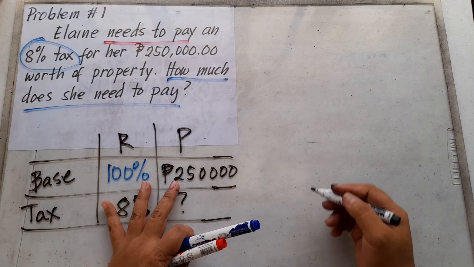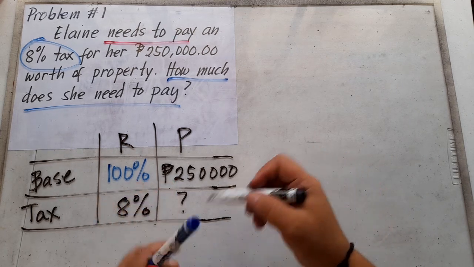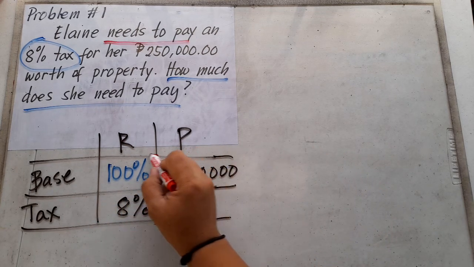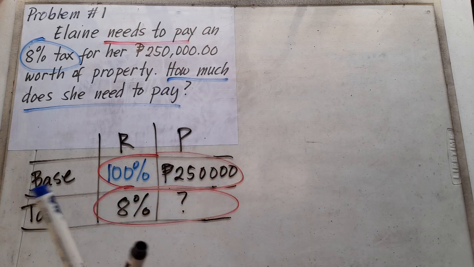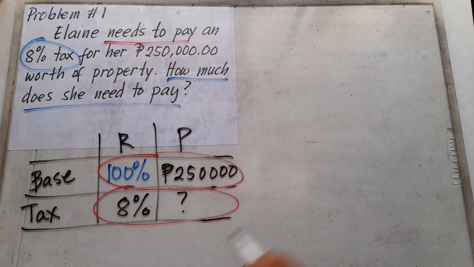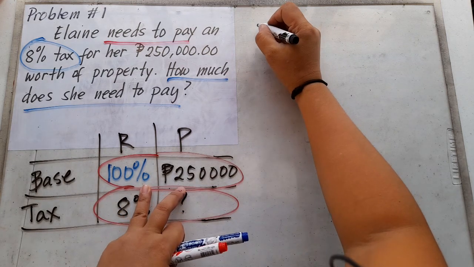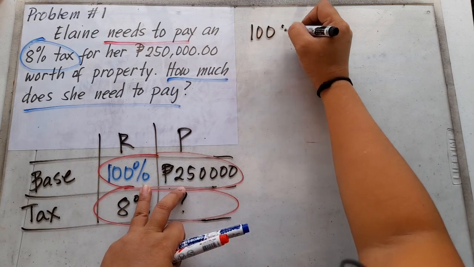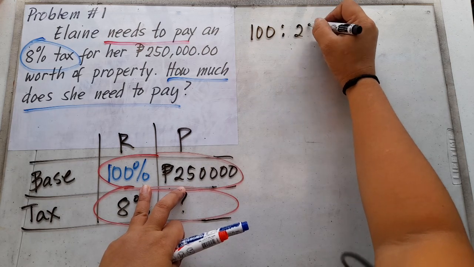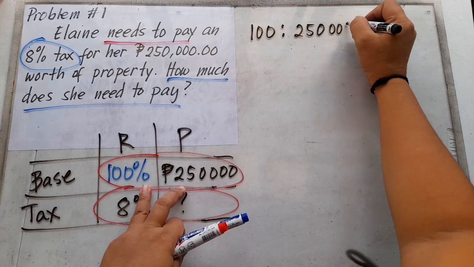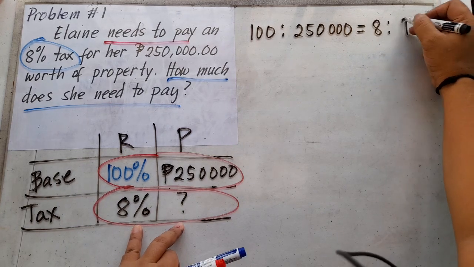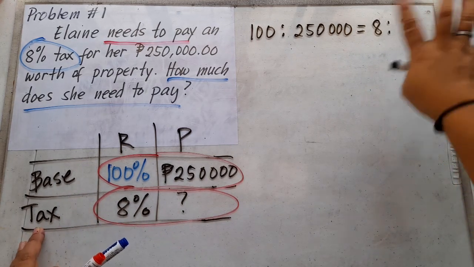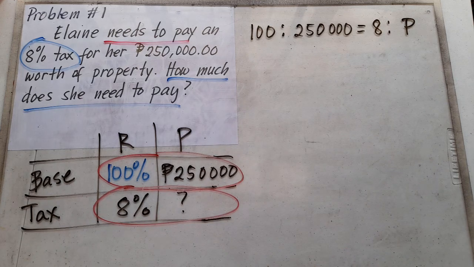Ratio and proportion tayo, finding the missing term. So, it's a direct proportion. We get our ratios horizontally. And there should be two ratios. Our first ratio is 100 is to 250,000 equals 8 is to P. O gusto nyo letter T para sa tax, walang problema doon kasi variable lang naman yan.